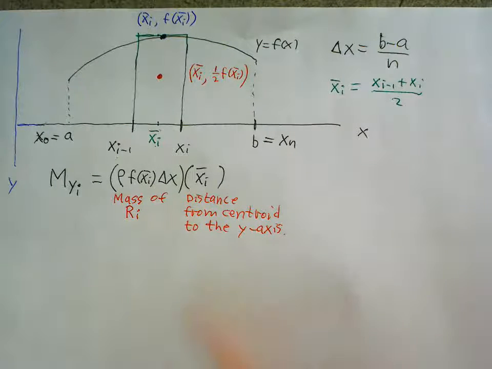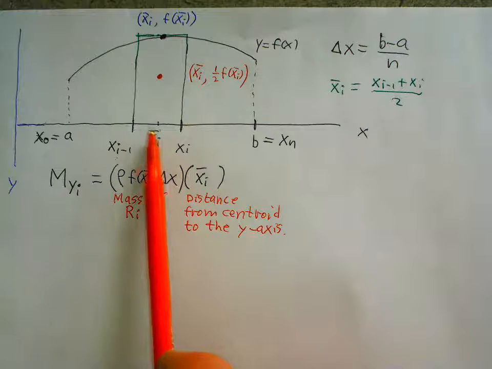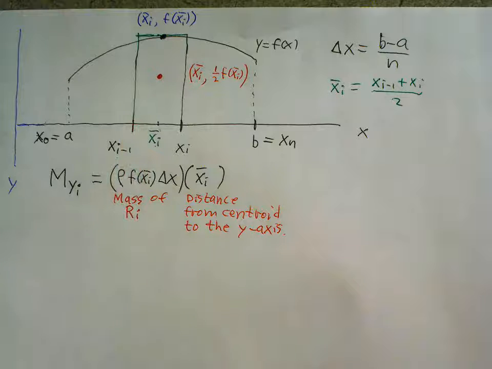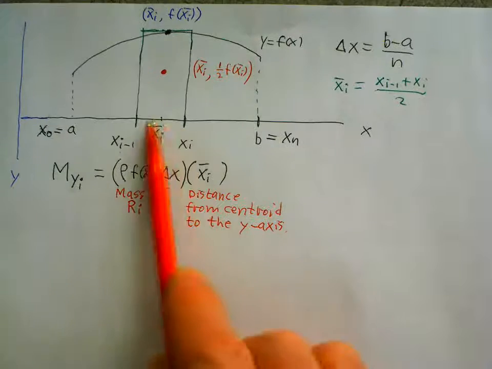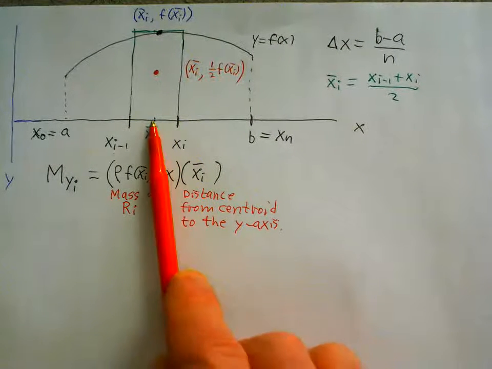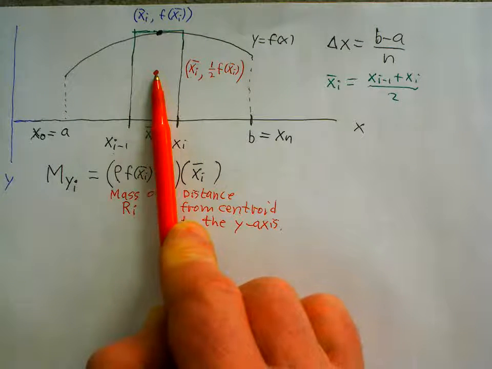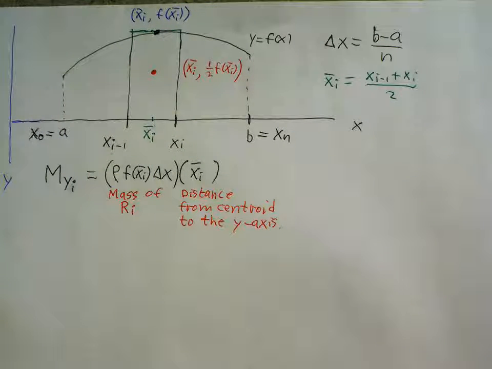So if you're wondering about that, remember when n is extremely large, these rectangles are extremely thin. So it's almost like saying, how far is it from the rectangle to the y-axis? For a really thin rectangle, the distance is about x sub I bar, right?